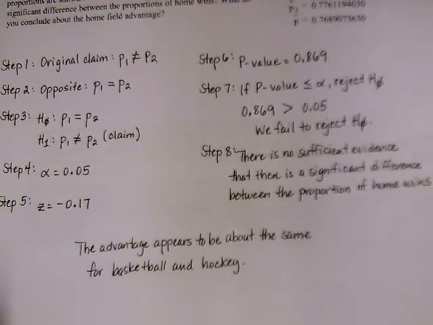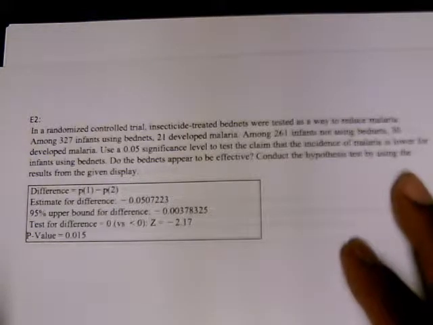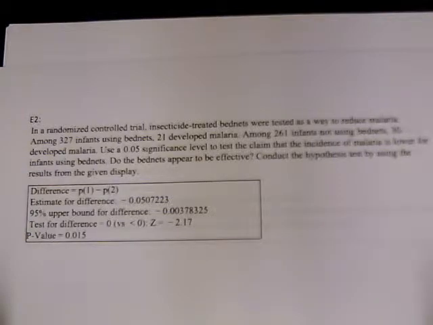Okay. All right, let's look at another example that has another output. In a randomized controlled trial, insecticide-treated bed nets were tested as a way to reduce malaria. Among 327 infants using bed nets, 21 developed malaria.